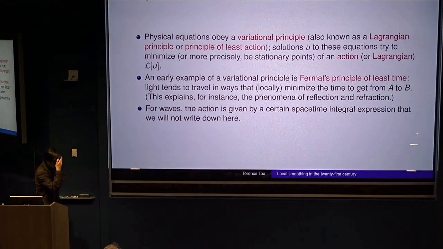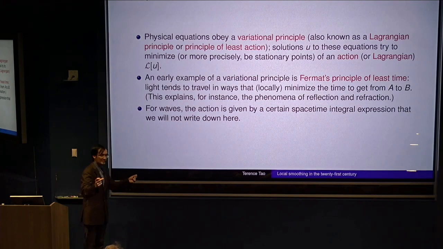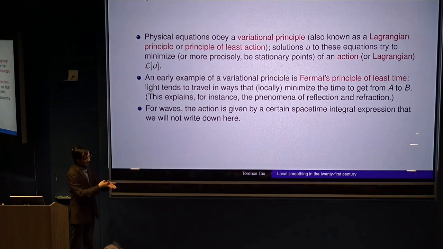Maybe the version of this that you may have seen, maybe even in high school, is Fermat's principle of least time, which he used to try to explain the behavior of optics. If you look at the behavior of light, think of it as a particle, a photon, trying to get from A to B, photons will always try to take the path that minimizes the time to get from A to B. And this is why, for example, when there's a mirror, the angle of incidence is the angle of reflection, because that is mathematically the path that will minimize the time, at least locally.